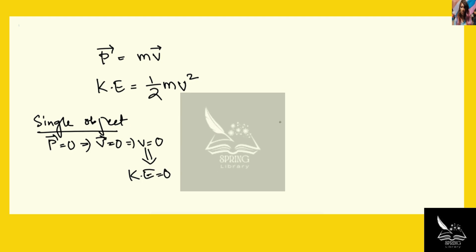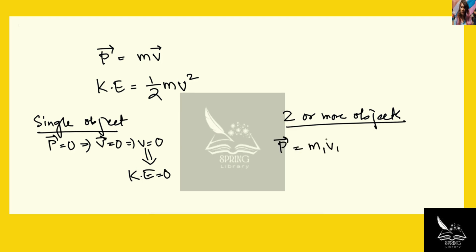Now, when you have two or more objects, and each of them has a specific velocity, the momentum vector will be equal to m1 v1 plus m2 v2, the vector addition of the individual momentums of all objects.